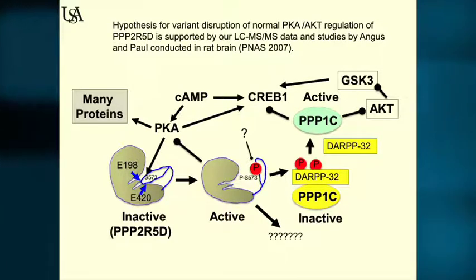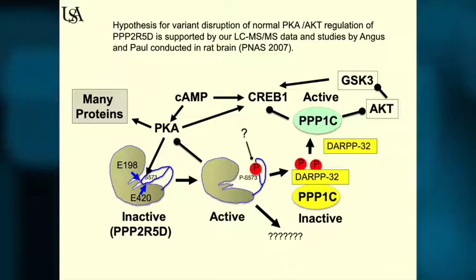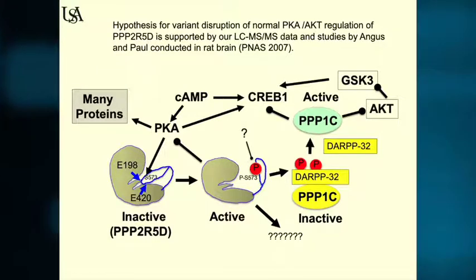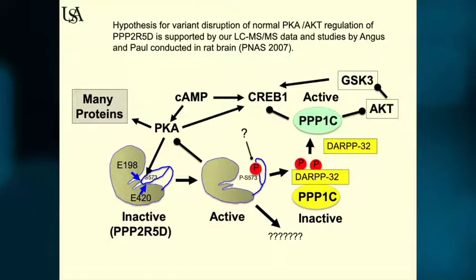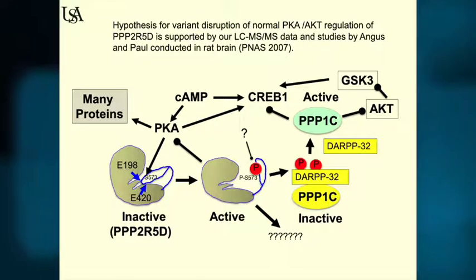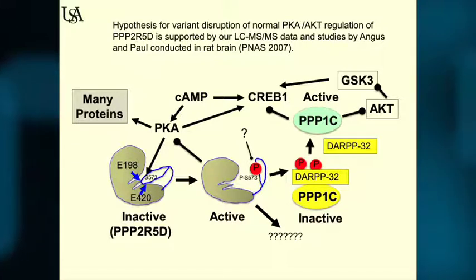This is the model, and so if this is involved in the stability of the holoenzyme complex, if you have mutations, say here and here, that are causing that to basically dissociate at a slightly different level, this might be, the E198 seems to be stronger, this may be weaker.